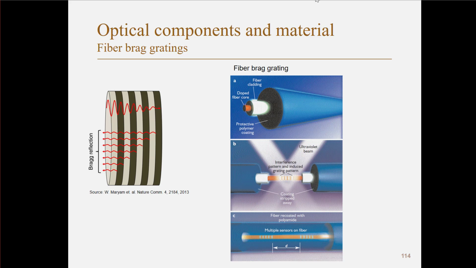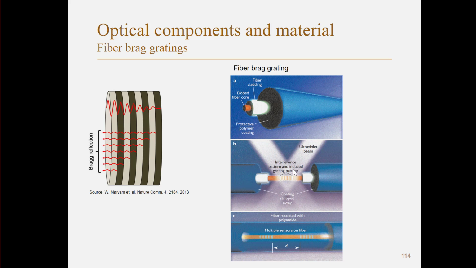Another application of these kinds of structures is so-called fiber Bragg gratings. These are made in a fairly interesting way. What you do is you take a fiber, an optical fiber where the light is trapped inside the core of the fiber. Then you take two ultraviolet beams and you cross them inside the fiber.